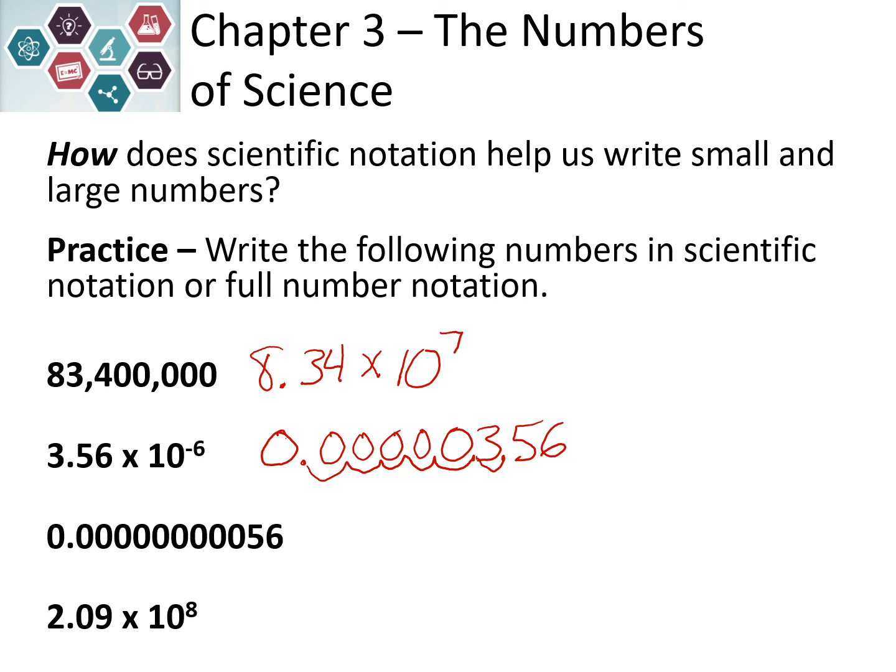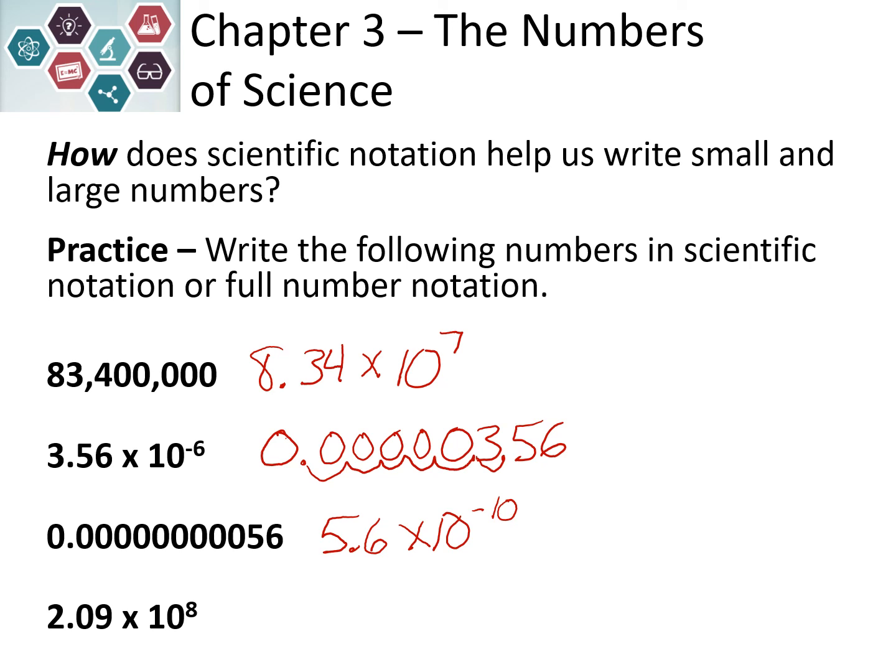Okay, so now we have a number that is less than 1. Our coefficient is going to be 5.6 times 10. We're moving to the right, smaller than 1. And we moved 10 places, so it is times 10 to the negative 10th.